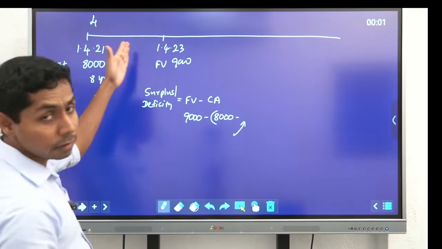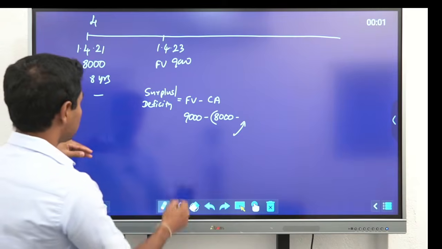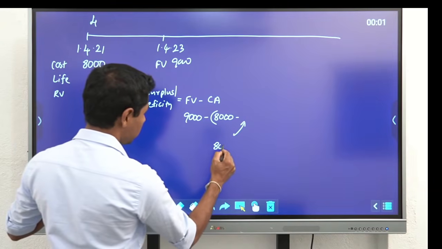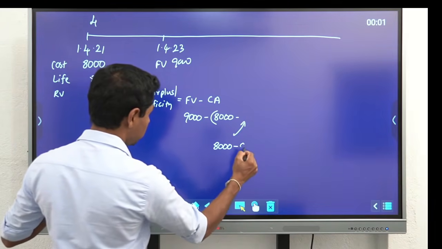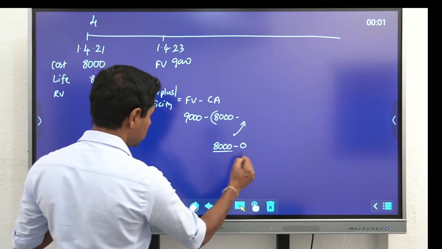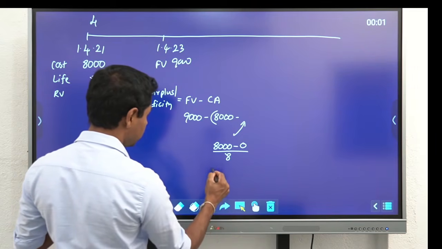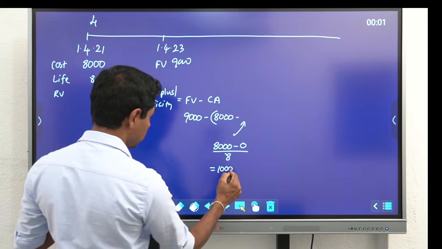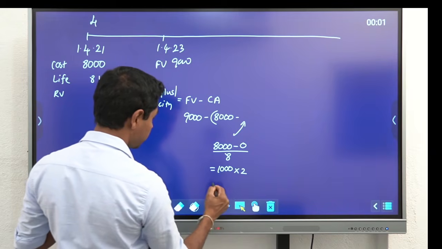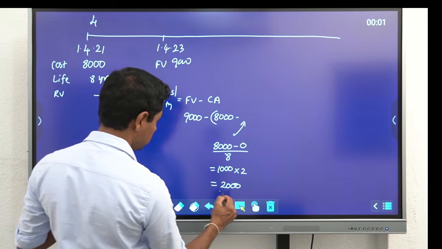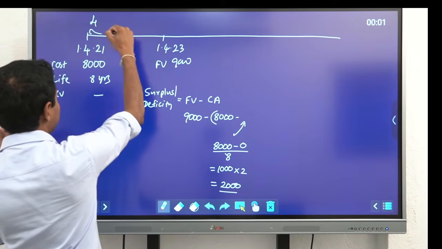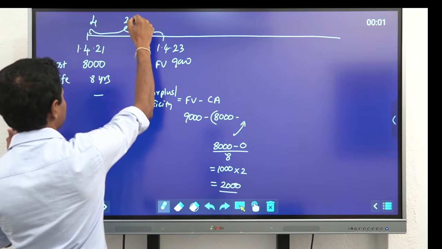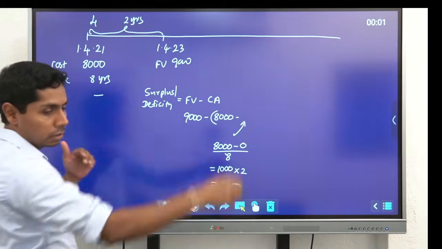Annual depreciation is cost 8,000, no residual value given so let's assume 0, divided by useful life 8 years, so 1,000 for a year, and for 2 years 2,000. After 2 years we revalue the asset.